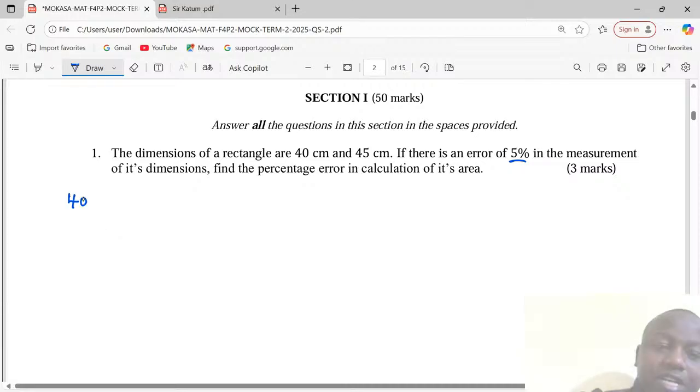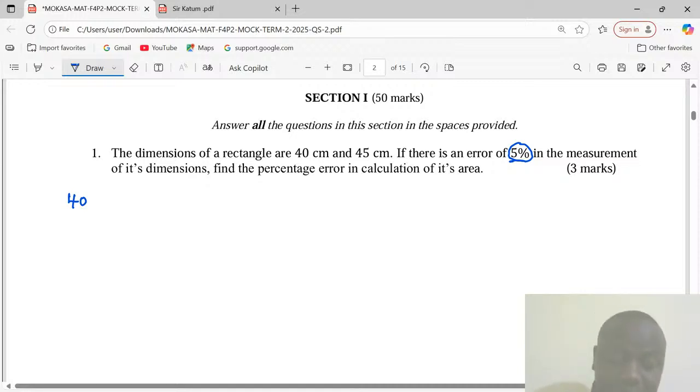If it's 40, for example, we can check where 40 lies. 40 can either be due to the error of 5%. So it can either be 95% of what you're having, or it can be a maximum of 105%.